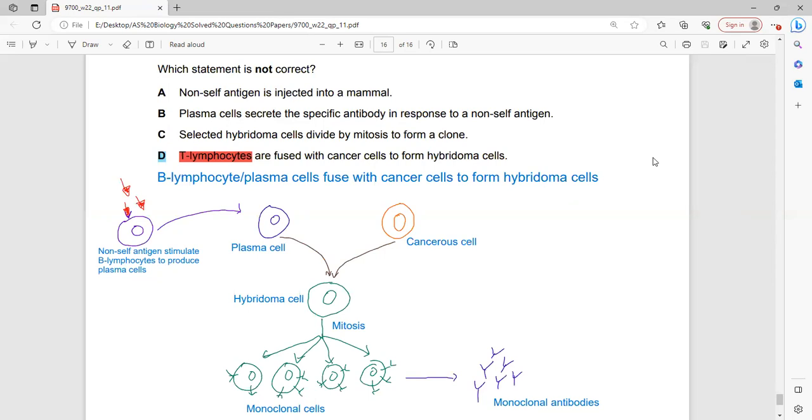So that's our correct statement. So what about the wrong statement here? It is supposed to be a B lymphocyte or plasma cell fused to the cancer cell to form a hybridoma cell. And here it's written T lymphocyte. So the question is, which statement is not correct? So D is the incorrect statement.